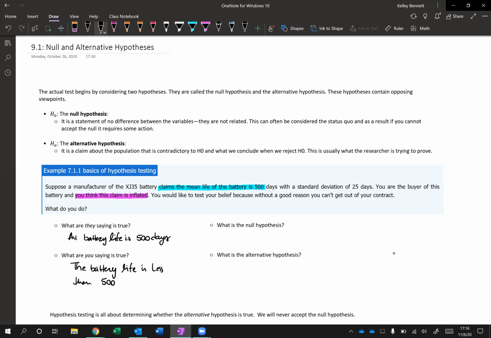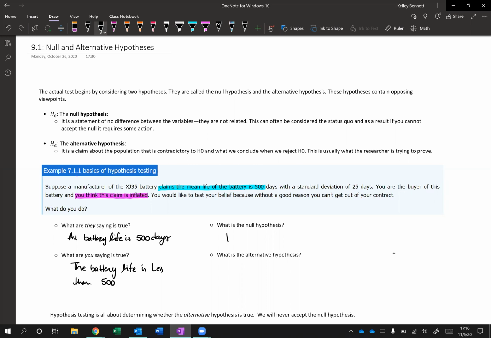So if you're saying that their claim is inflated, you're saying that they're giving you a number that's too high, which means that you think the true number is actually lower or less than. So the way that we're going to set up our null and alternative hypotheses is we're going to kind of translate these into mathematical expressions.